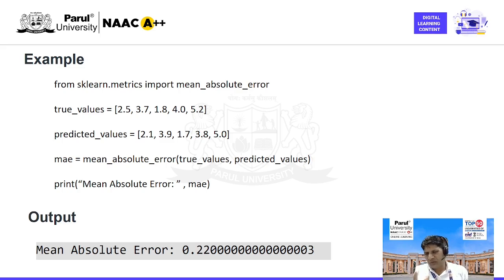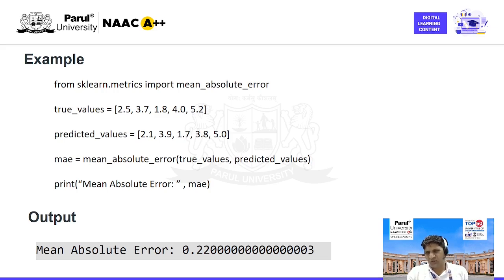Here we perform the comparison with five samples of input. Suppose we predict the values 2.1, 3.9, 1.7, 3.8 and 5.0. If the actual values are these and the predicted values are these, now we need to calculate the absolute error, MAE, equal to mean absolute error.